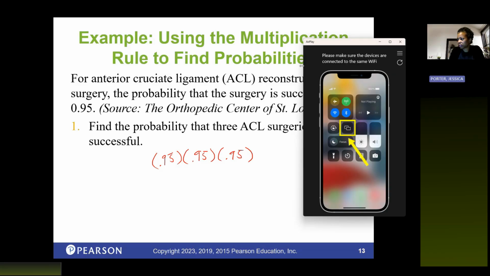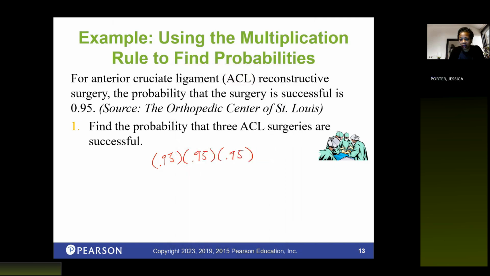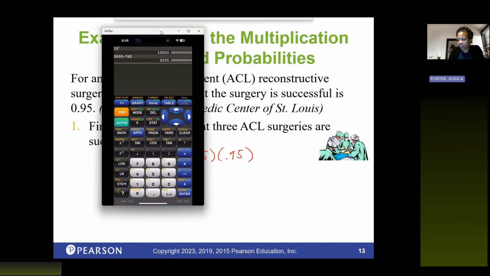I think it's not working. What's 0.95 cubed while I get my AirPlay working again? 0.857?